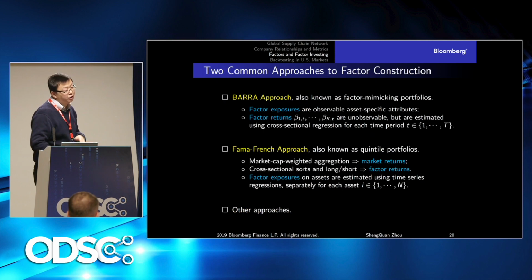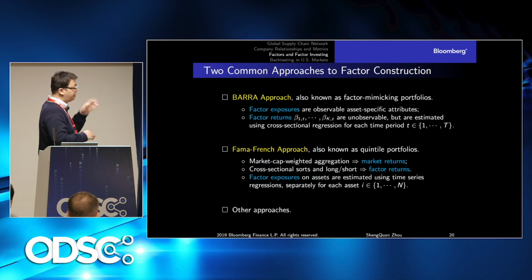And for another factor, for example the value factor, you look at the book-to-market ratio of each asset, and you sort all the companies according to their book-to-market ratio, from the highest to the lowest. You divide them into 5 quintiles. And you long the top quintile and short the bottom quintile. It basically forms a long-short portfolio associated with the value factor.